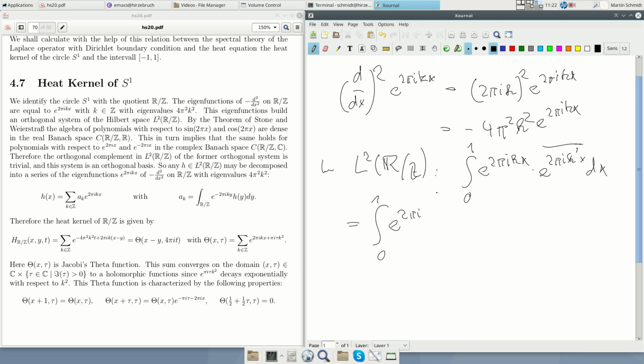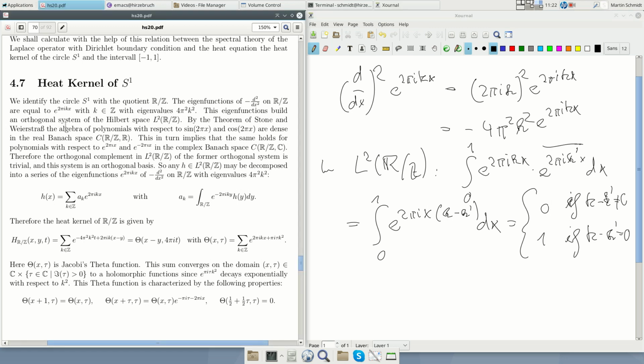So we have exponential of 2 pi i times x times (k minus k prime) dx. This is 0 if k minus k prime is not 0, and 1 if k minus k prime is 0. So we see that this is indeed an orthogonal system.